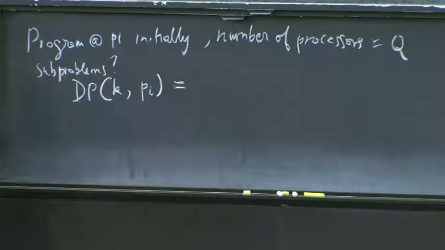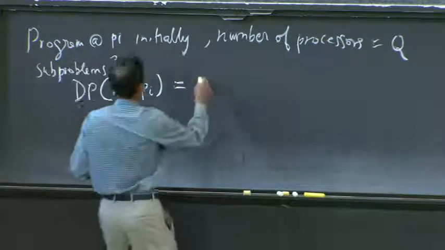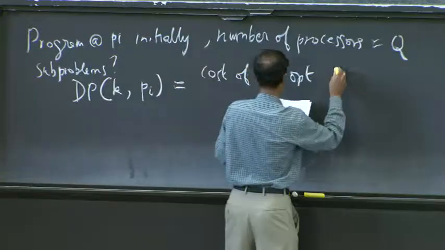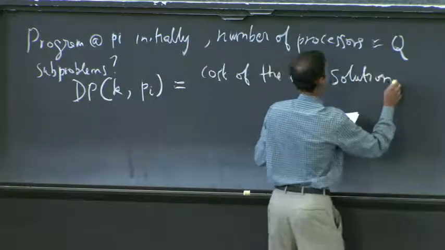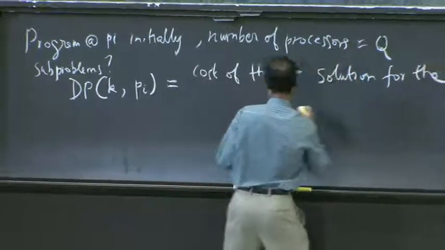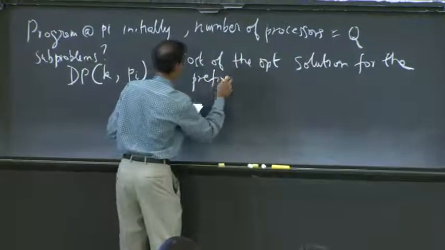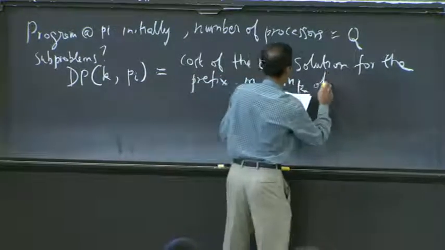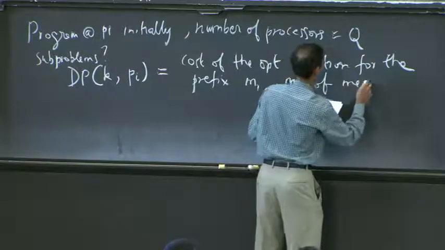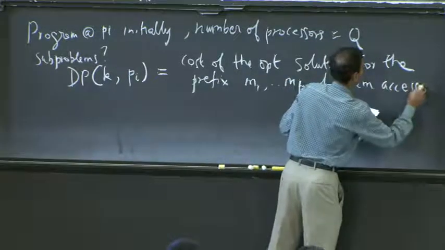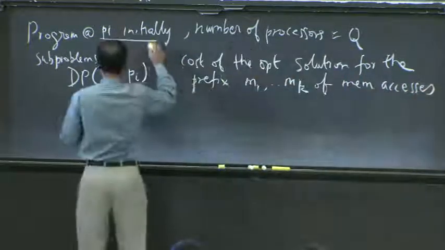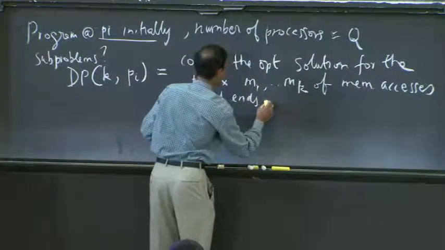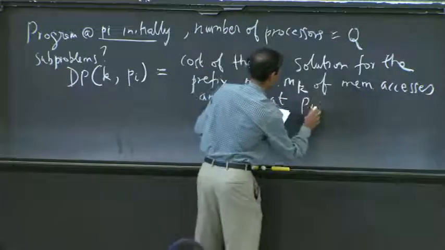And so dp[k][Pi] is the cost of the optimal solution for the prefix M1 through Mk of memory accesses when the program starts at P1 and ends at Pi.